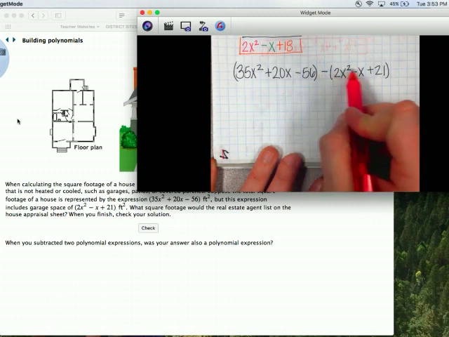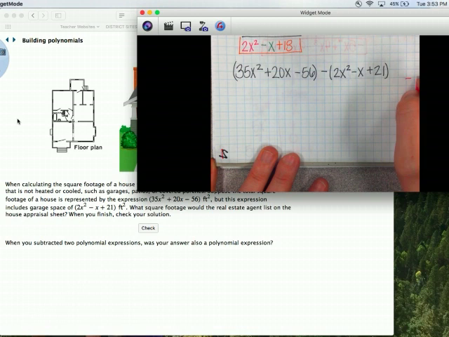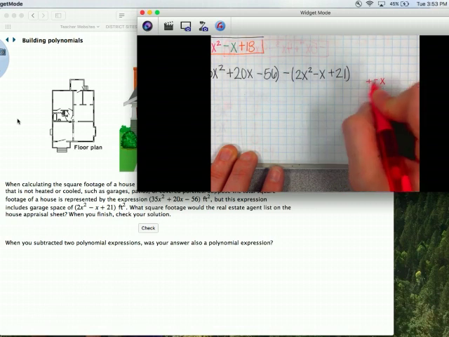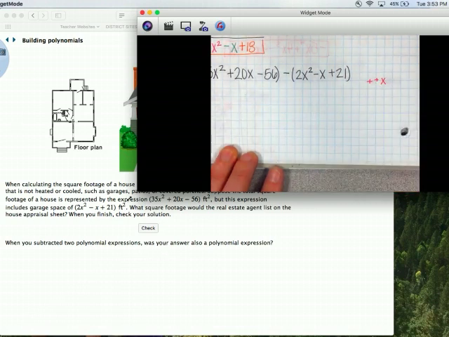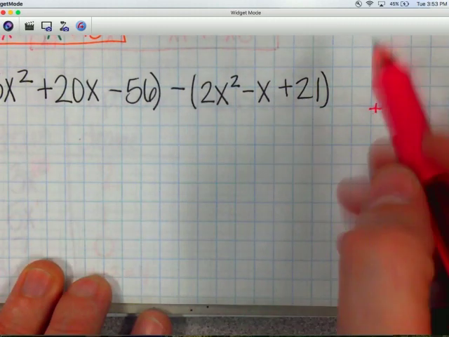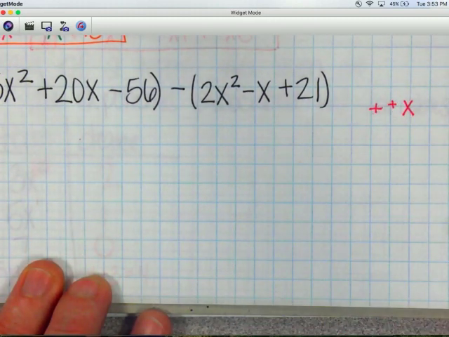If I subtract a negative x, remember, subtracting a negative turns into addition. I'm going to make this a little bigger just so you can see it better. So if you subtract a negative, it's actually addition.